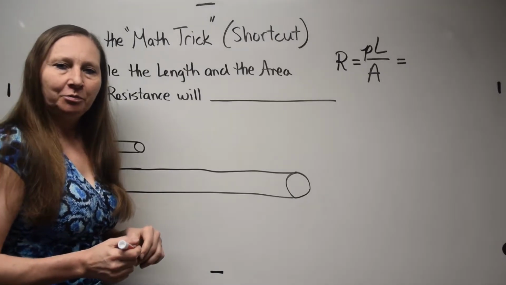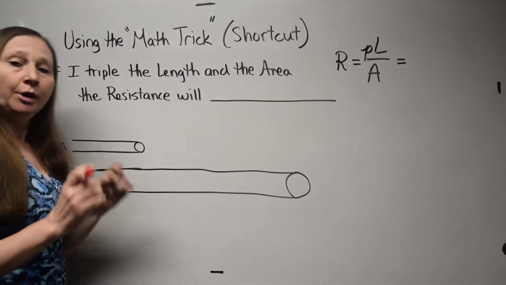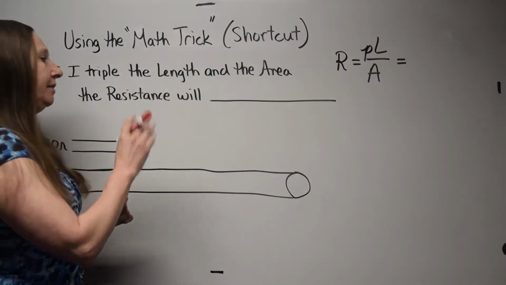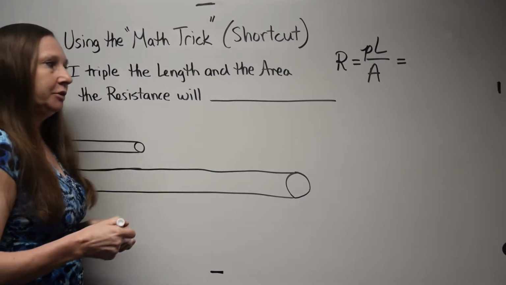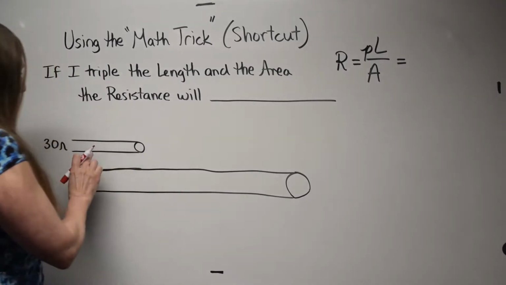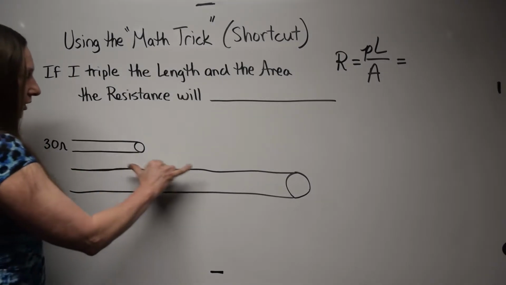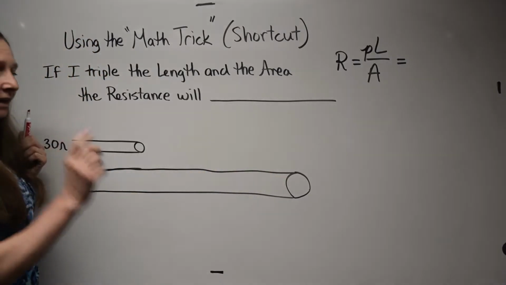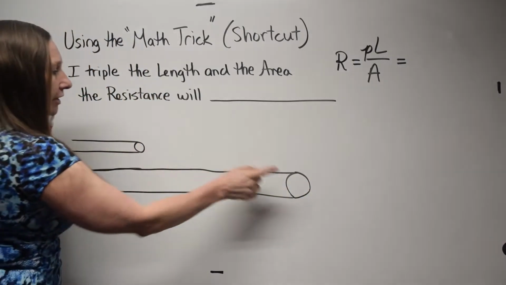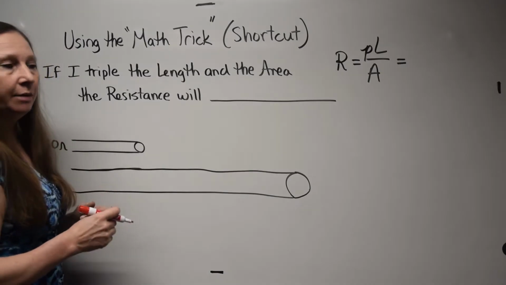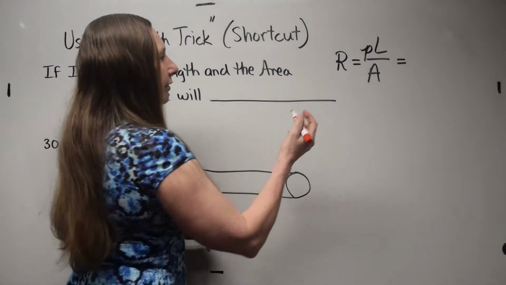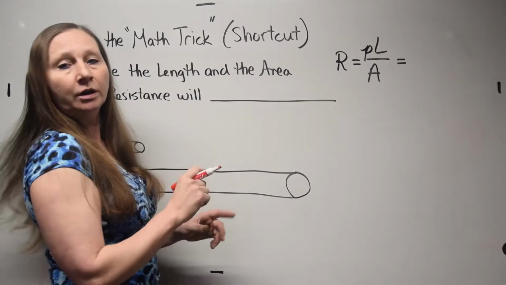Here's a more difficult problem. What if I triple the length and the area? What's going to happen to the resistance? Here I have a piece of wire, and the resistance of this piece of wire is 30 ohms. What if I triple 1, 2, 3 the length, and I also triple the area? The area is also 3 times bigger. Well, let's figure it out using the math shortcut.